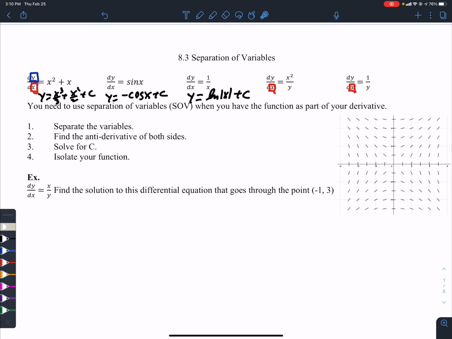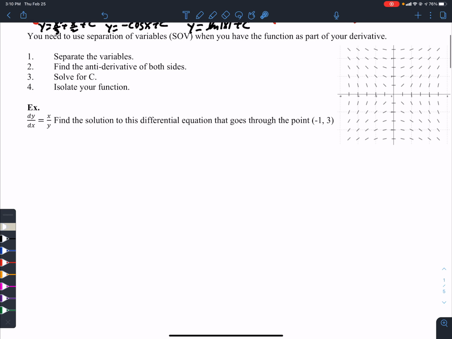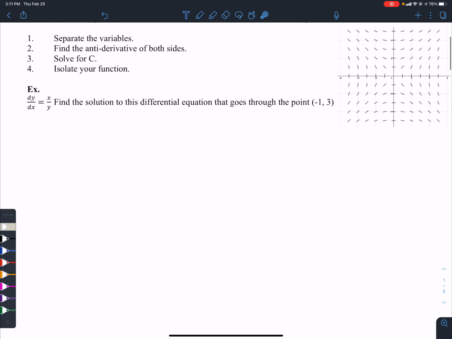So we're going to do an example here. We have dy dx equals x over y, and we immediately see that our function y appears in our derivative, and that's a hint we're going to have to separate variables. So if I multiply both sides by y and multiply both sides by dx, you should see that I can manipulate to that.